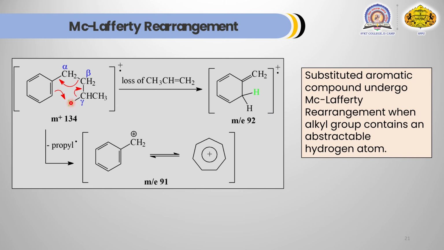This means that when this molecule is introduced in the mass spectrometer, a peak appears at m/z 92. In this case, a propyl radical is lost, and this forms as an intermediate at this carbon. There is a positive charge, and rearrangement takes place, and a 7-member ring is formed. It carries a positive charge. Its m/z is 91.